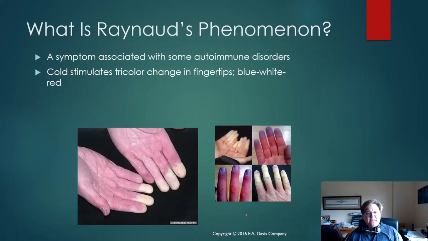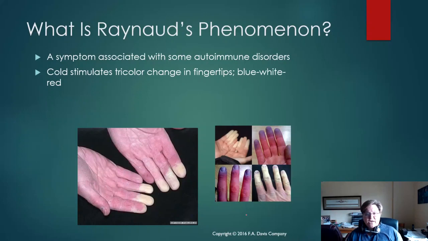Raynaud's phenomenon is associated with some different types of autoimmune disorders. That's why they call it a phenomenon instead of an autoimmune disorder itself. So you could have Raynaud's phenomenon by itself, or it could be a symptom of another autoimmune disorder.